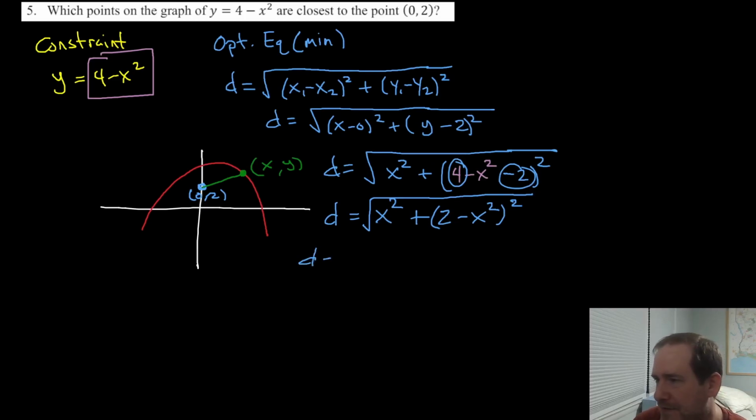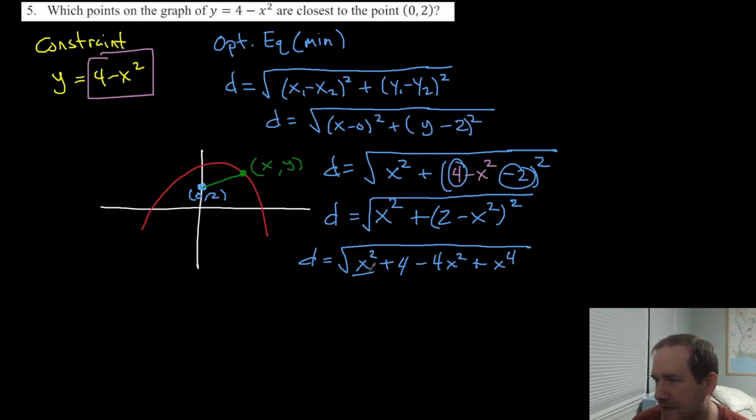And that's going to give us d equals the square root of, we've got the x squared. Then if we square this, we're going to have a 2 times 2 giving 4. Then the outer terms and the inner terms will both be minus 2x squared, so that'll be minus 4x squared in the middle. And our last term will be plus x to the 4th.